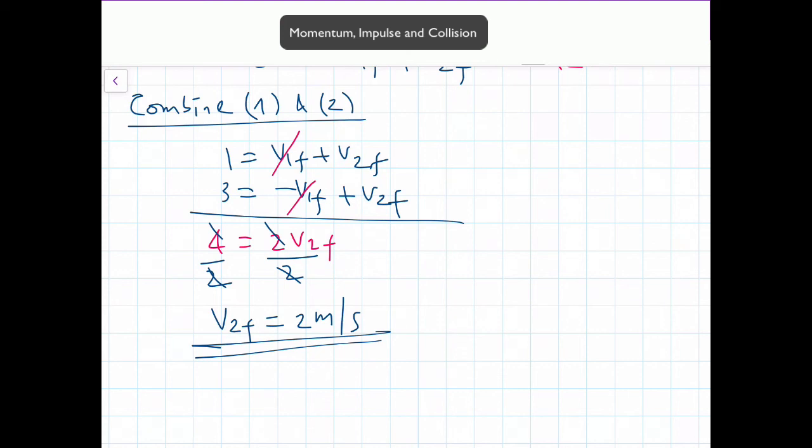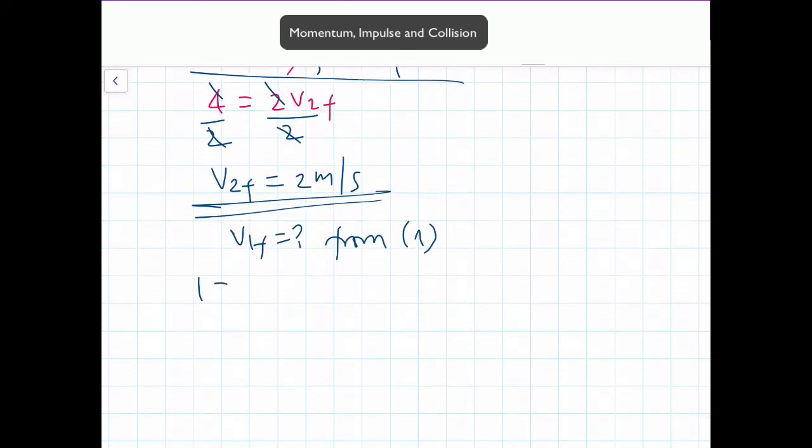But what you're asked to find is not v2 final. You're asked to find v1 final. So what is v1 final? You can use just one of the equations, for example equation 1. What we know is 1 equals v1 final plus v2 final, right?